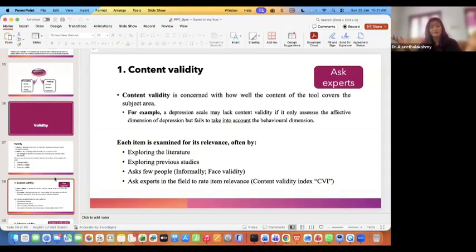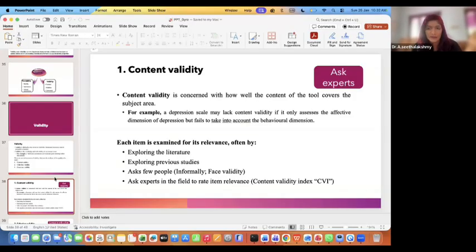You can have more, but the minimum is 5 experts in that area. When she receives that, she cannot take it just like that. She needs to understand the validity index. What is this validity index? For question number 1, how many persons have given 5 or 1 or 4 or 3, or how much they have rated it?